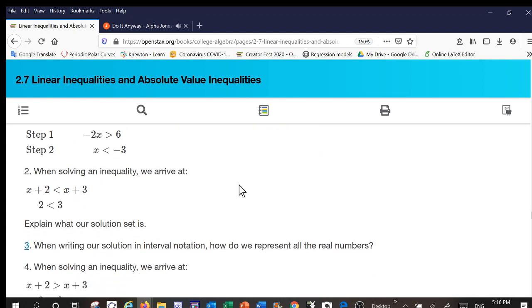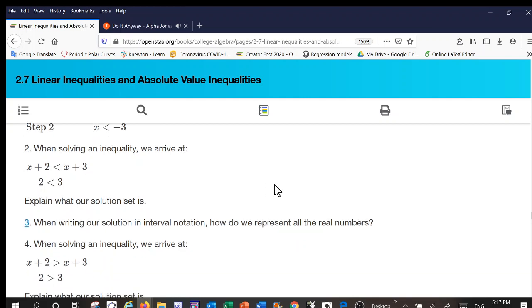I'm going to do the even numbered problems. Number 2 says that when solving an inequality, we arrive at x plus 2 less than x plus 3, and then we get 2 less than 3. Explain what our solution set is in this problem.